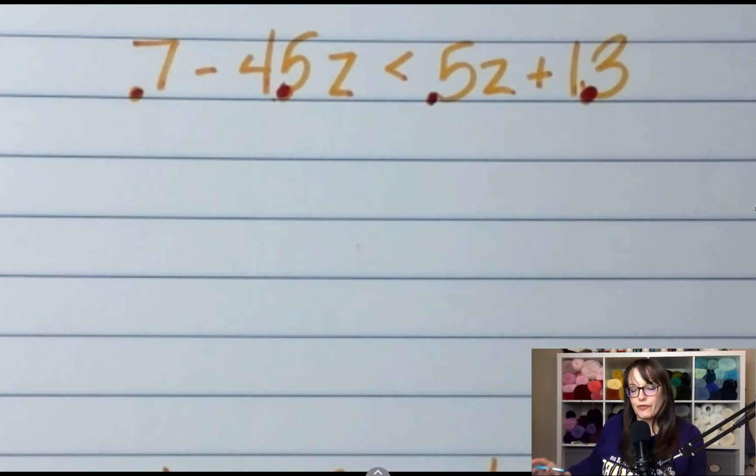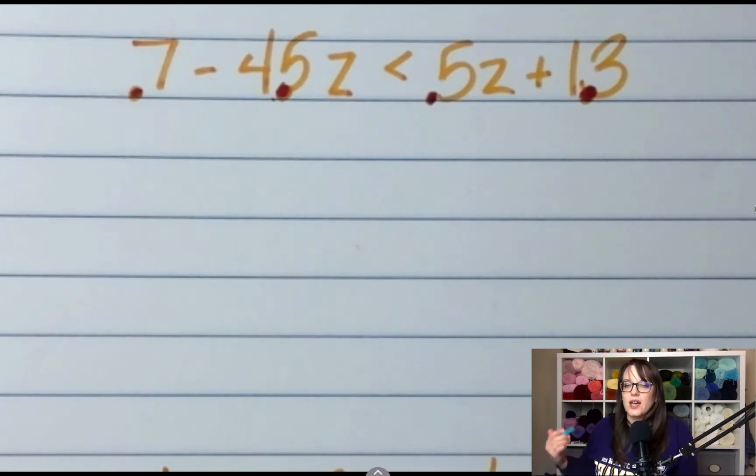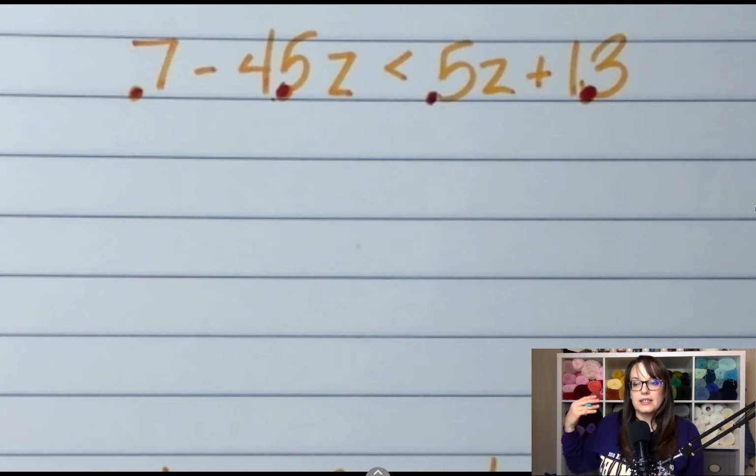Okay, here we go with our first example. Notice that besides this less than sign right there, this is very much like when we did equations with decimals. And when we did equations with decimals, one of the methods that we could use to change this equation to be more friendly was to multiply by tens to move that decimal place over.